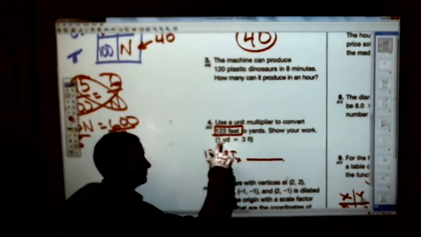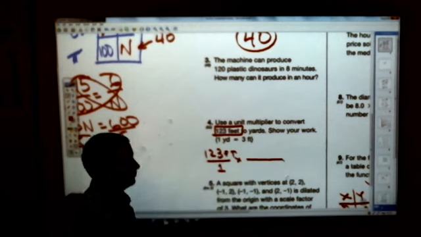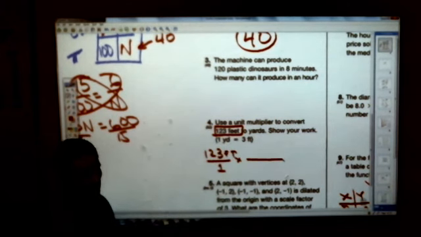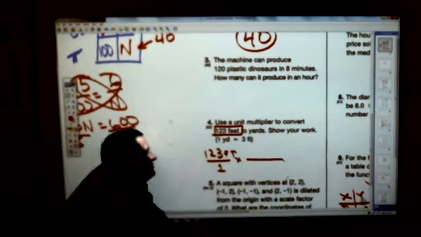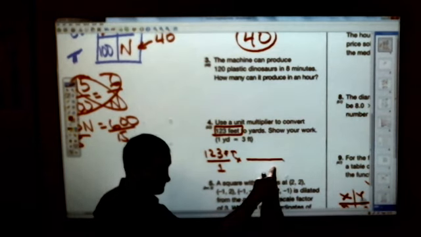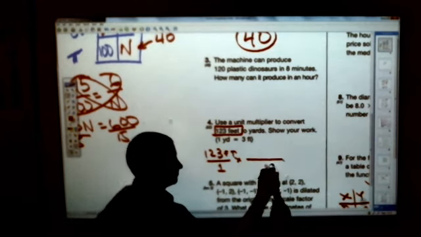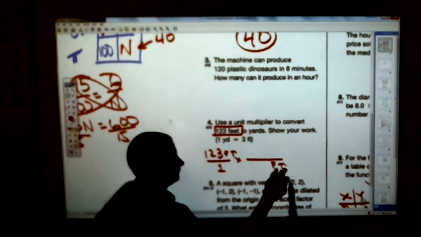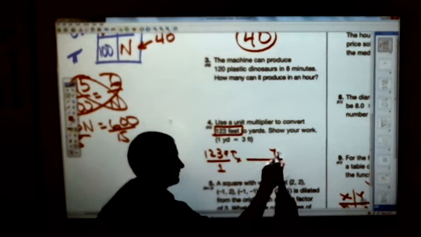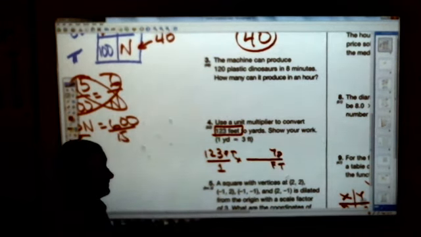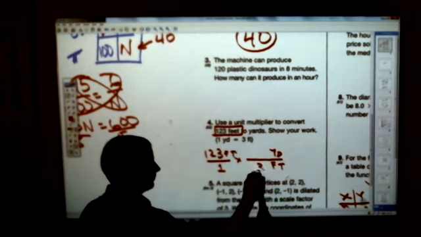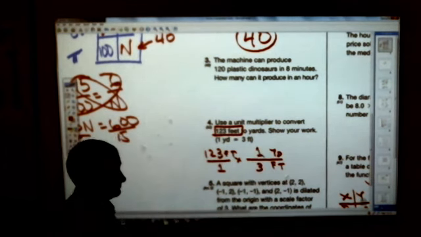My unit multiplier is going to be 1 yard over 3 feet or 3 feet over 1 yard. How do I know which one goes where? What label has to go down here? Feet, because it has to cross cancel. And since I'm going from feet into yards, yards have to go up there. And then I just plug the numbers in. There are 3 feet in 1 yard.